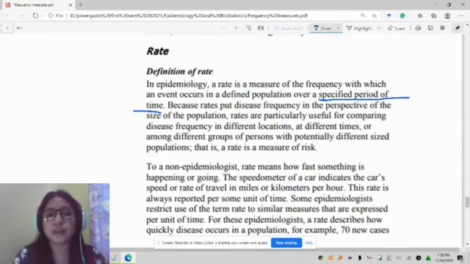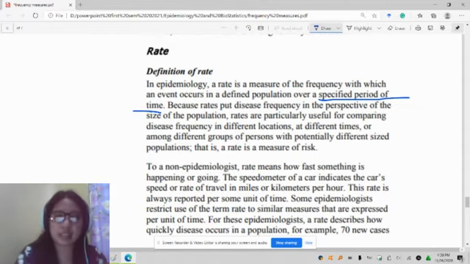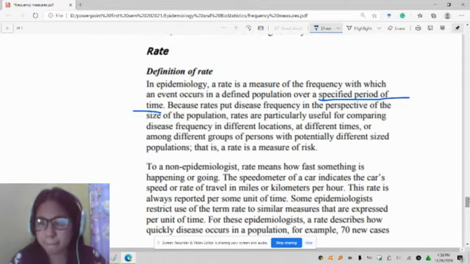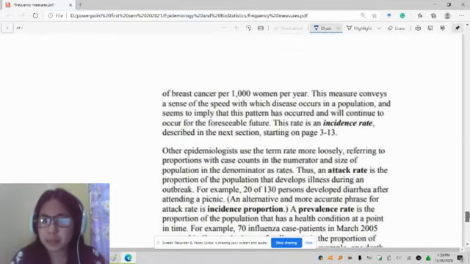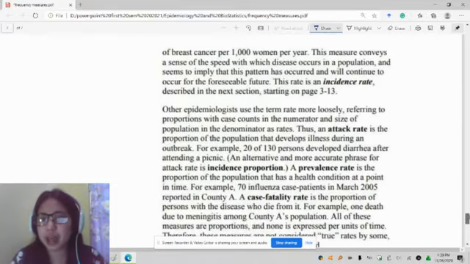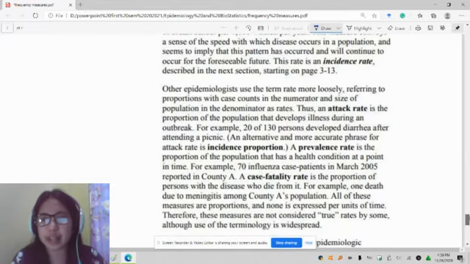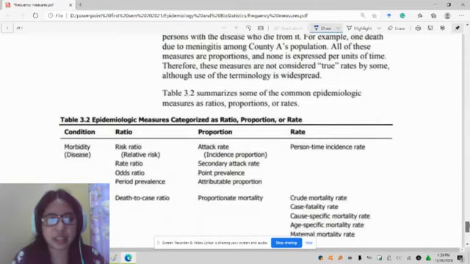However, we also use the word rate for the speedometer of a car. Of course, we are not referring to that rate in epidemiology. So we have the following examples: incidence rate, attack rate, prevalence rate, case fatality rate, and others.